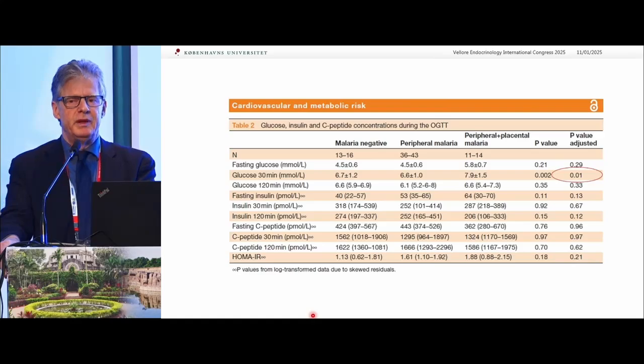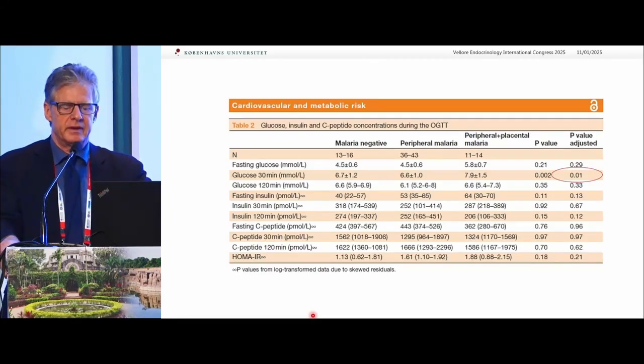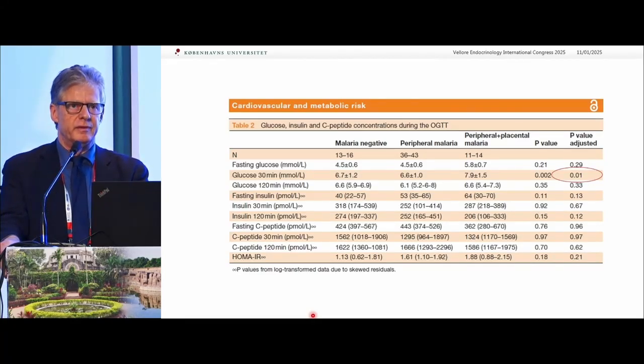There are two p-value columns here because the distribution of men and women in the two groups was not the same, so we had to adjust for the number of men and women.